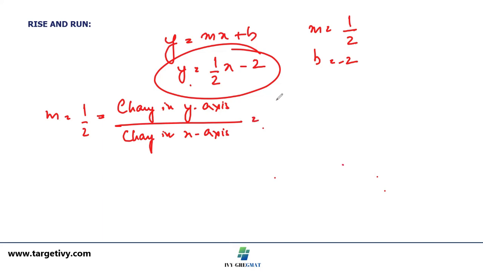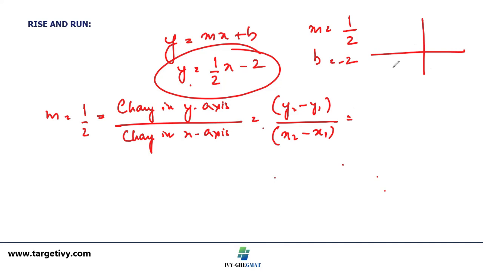As we know, this is y2 minus y1 by x2 minus x1. So we know the change in the y-axis by the change in the x-axis. So how much up by how much down? That's what it is.